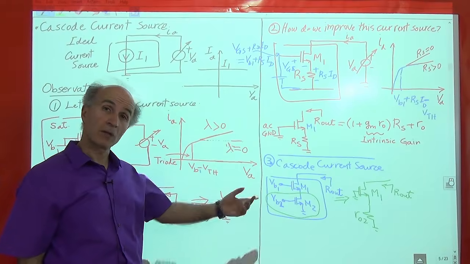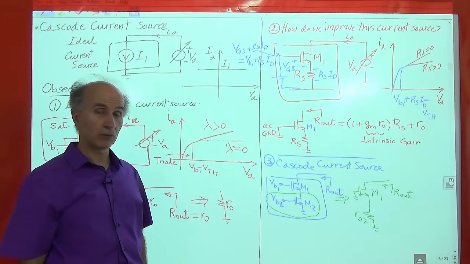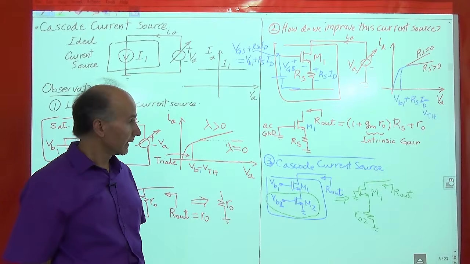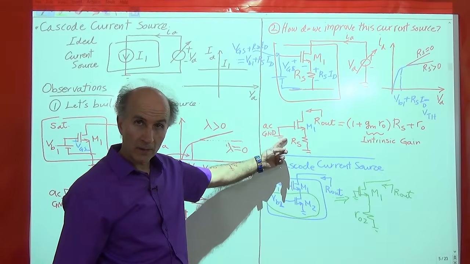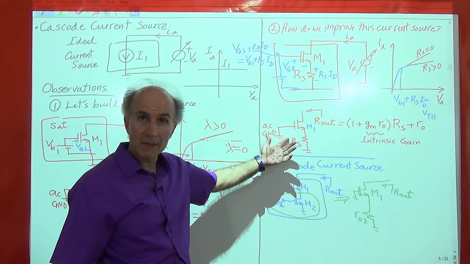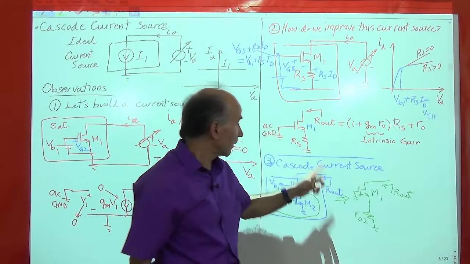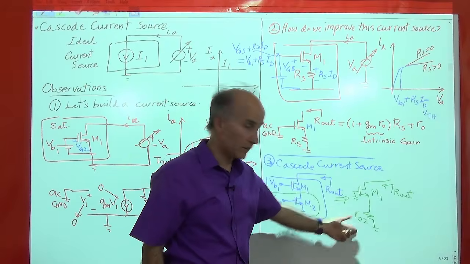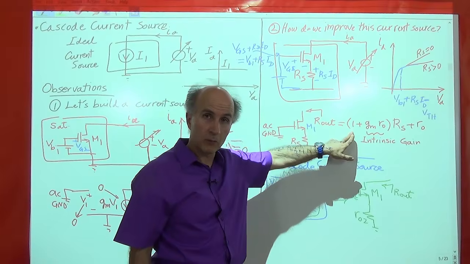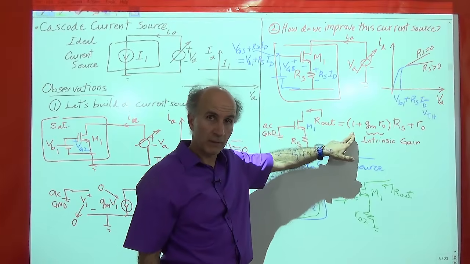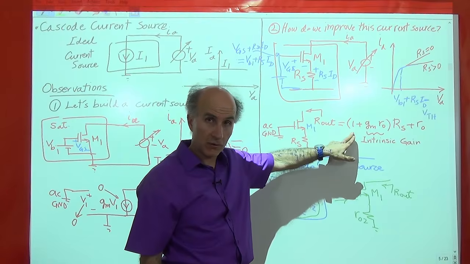Okay, so now can I analyze this? I don't need to draw the small signal model, right? Because this circuit is exactly like this circuit, except that certain names have changed. We used to call this RS, now we have called this RO2. So I can use the same expression, I just have to be careful with the indices, with the subscripts.